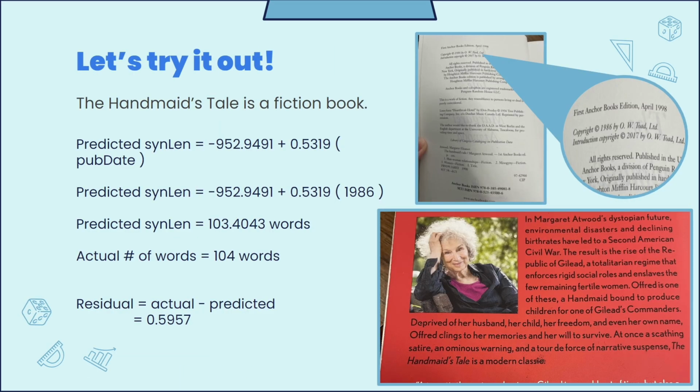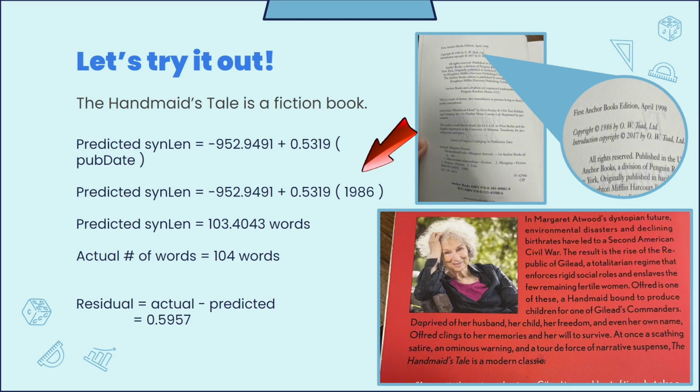All right, now let's try it out. Here's a fiction book called The Handmaid's Tale. We use this equation right here for the predicted synopsis length. The book was published in 1986 and it has a synopsis length of 104 words.